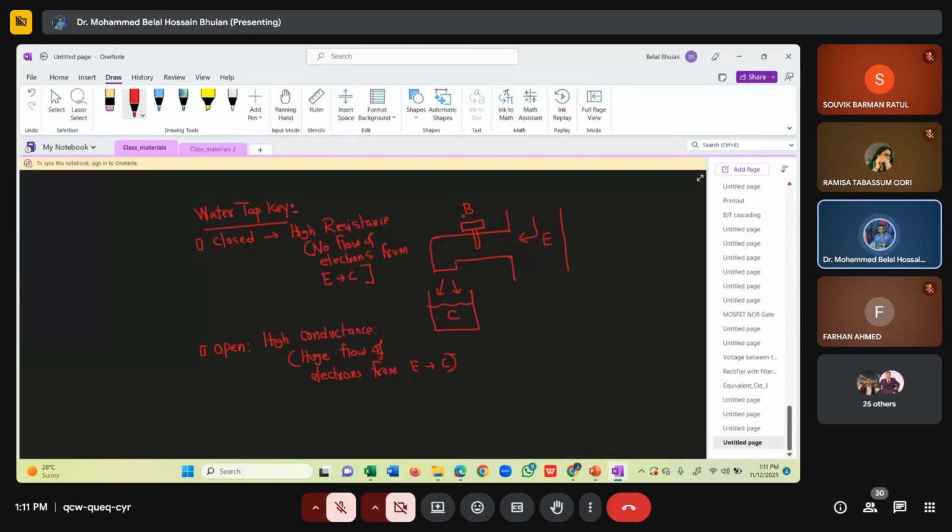The same thing. So that means by controlling the base, you can control the conductivity between the emitter and the collector.